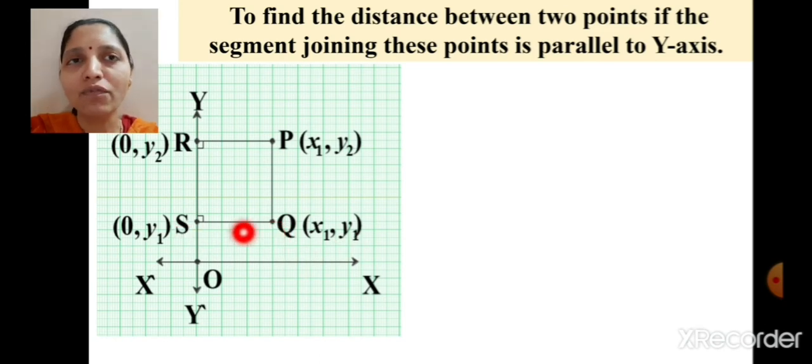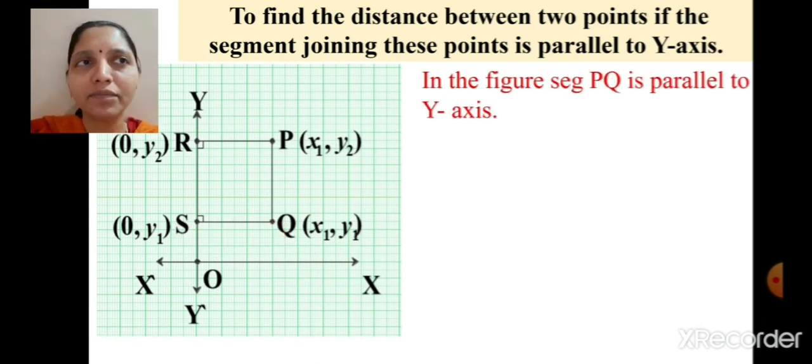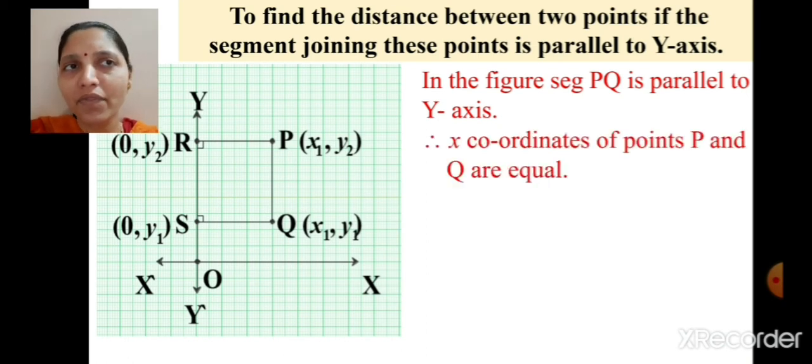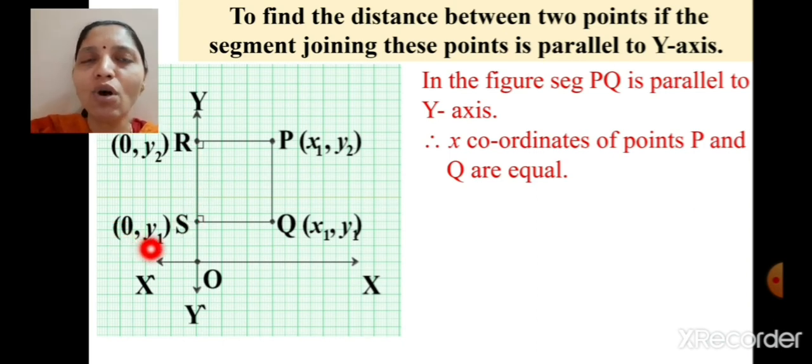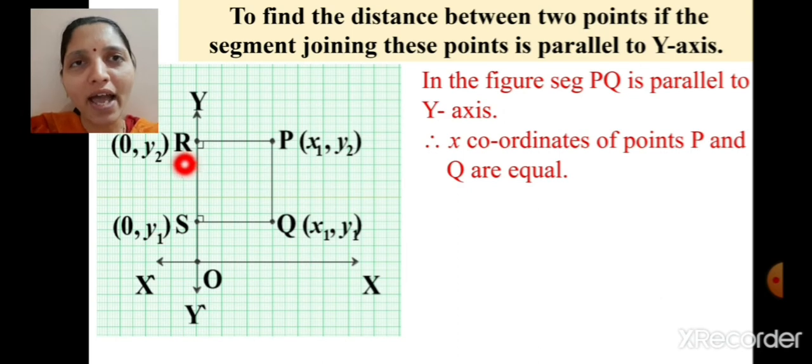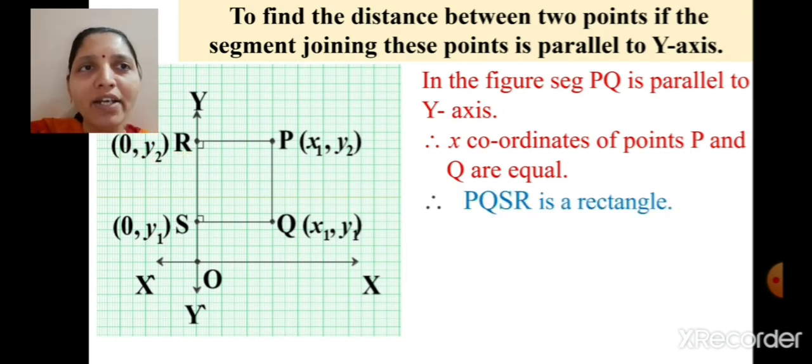Now if you draw a perpendicular from point Q to the y-axis and a perpendicular from point P to the y-axis, you will get point S and point R. Point S will have coordinates 0, y1 and point R has coordinates 0, y2. So here you will get quadrilateral PQSR.